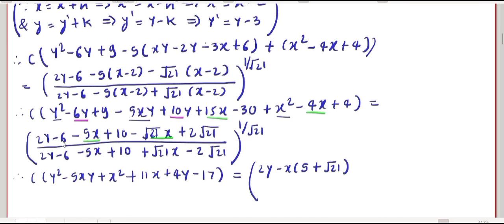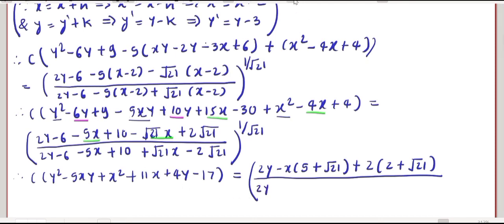Now from minus 6 plus 10 plus 2 under root 21, we get here plus 2 common, 2 plus under root 21, divided by 2y as it is.